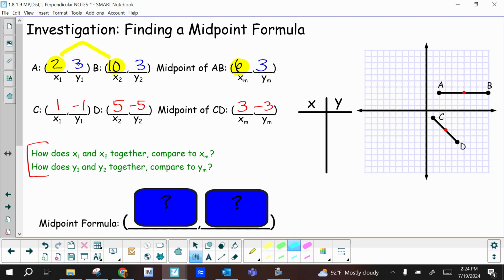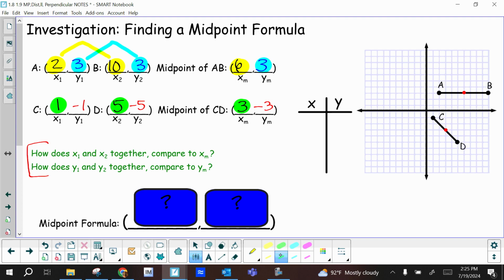Now let's look at these next two: 3, 3, and 3. So all 3. That's kind of hard to tell, but let's follow that same pattern. 3 and 3 together make 6, and 3 is half of 6 again. Let's compare down here at the bottom, these x1 and x2. x1 and x2 are 1 and 5, and xm is 3.